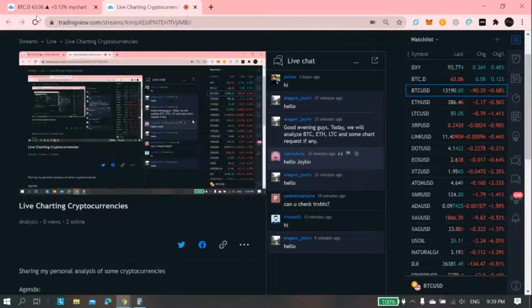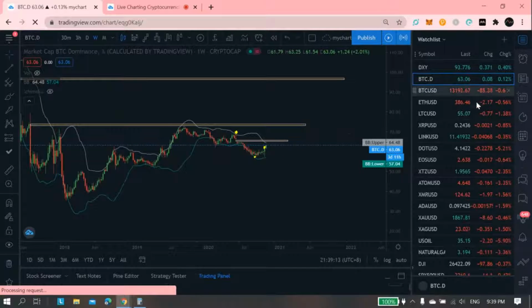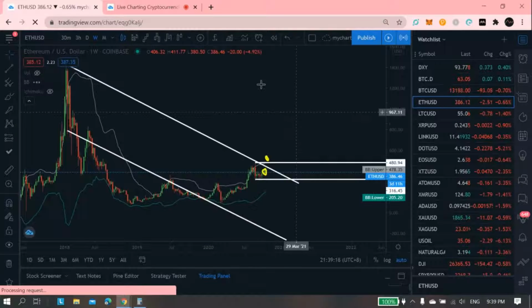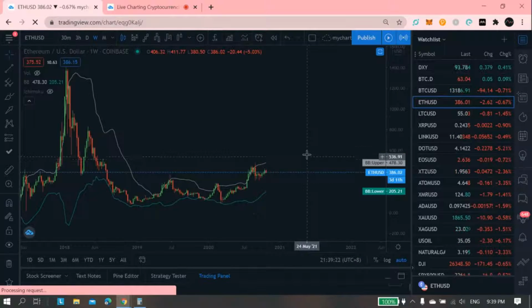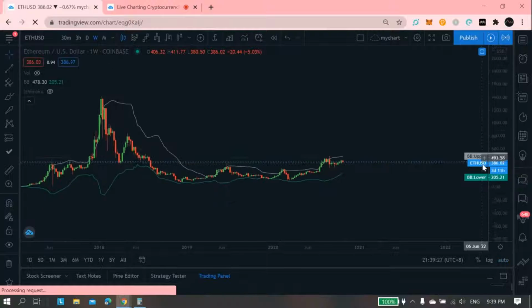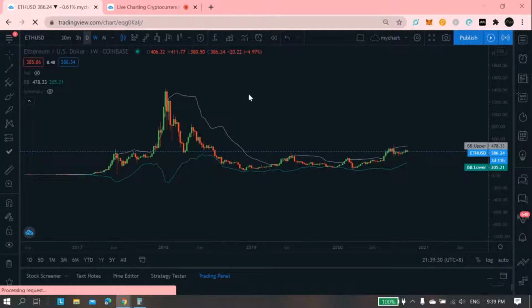So what else? Let's move on to the next, which is Ethereum. Let's remove the drawings first, and then there. So this is actually, let's use the daily time frame.